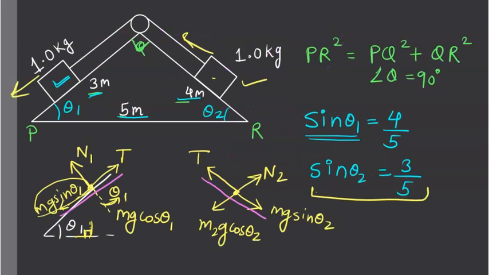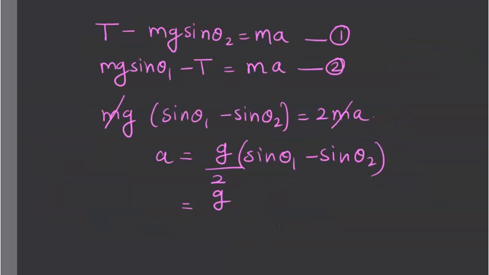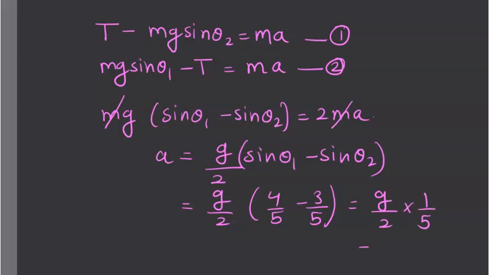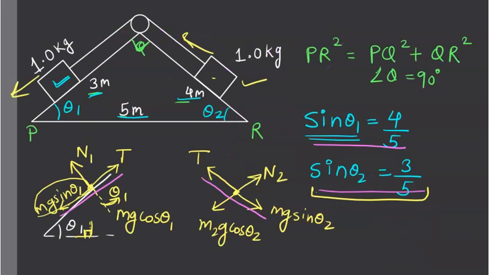We know sin theta 1 and sin theta 2 are 4 by 5 and 3 by 5. So this will be g by 2 into 4 by 5 minus 3 by 5, which is g by 2 into 1 by 5, that is g by 10 meter per second square. So the acceleration of the blocks is g by 10 meter per second square.